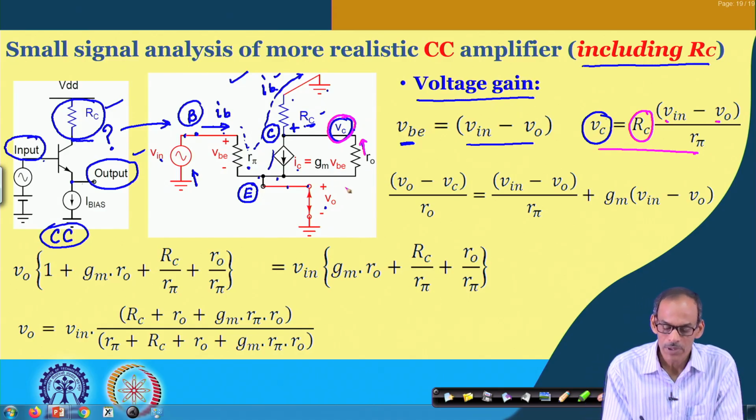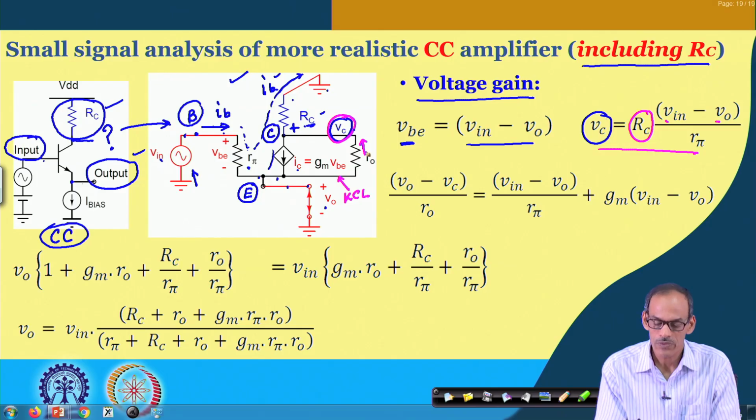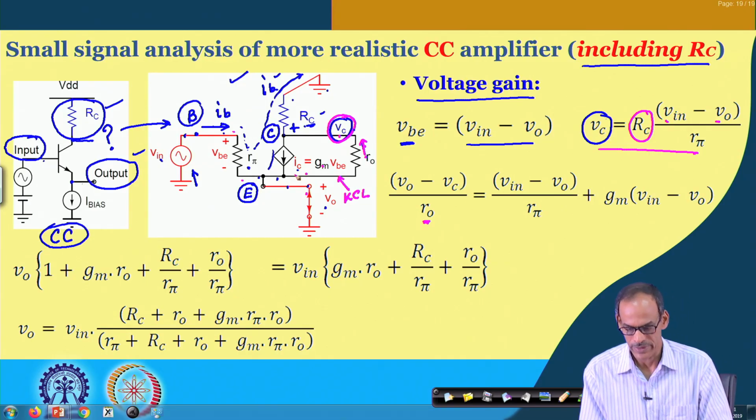Now, if I apply KCL at the emitter node, what we get is the current flowing through this R O, which is V O minus V C divided by R O. That is equal to the summation of two currents: one is the base current, and the other is through the active device.